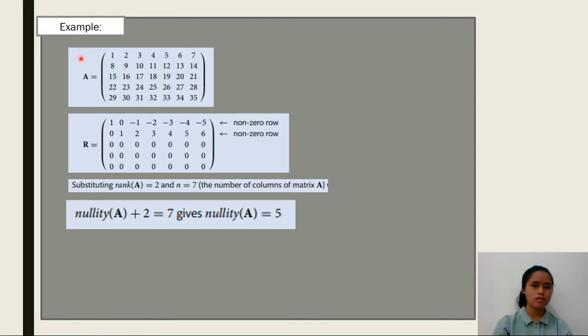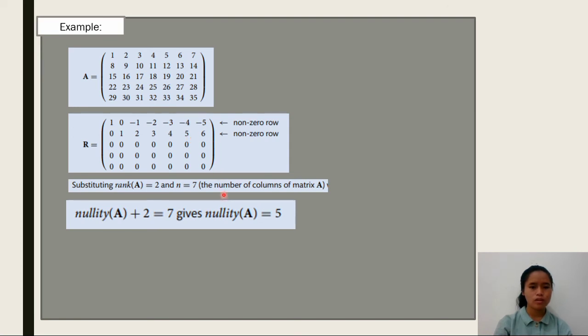Example, this is a matrix A. From matrix A, we make the echelon form. So we get the non-zero rows R1 and R2. So we substitute: the rank A equal to 2, and n is equal to 7, because 1, 2, 3, 4, 5, 6, 7, right?